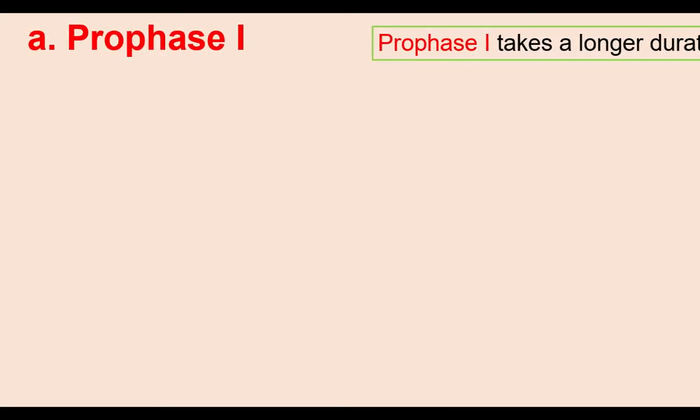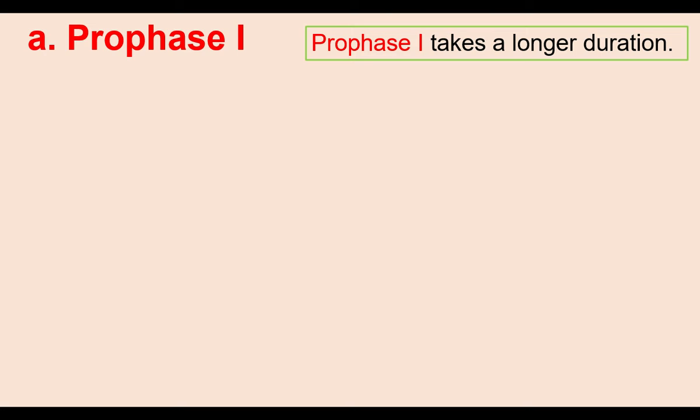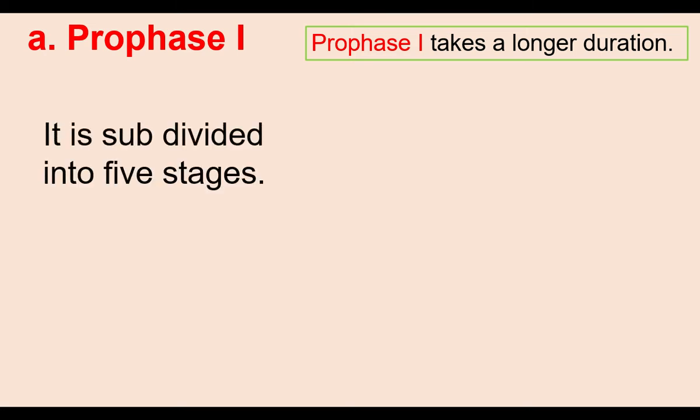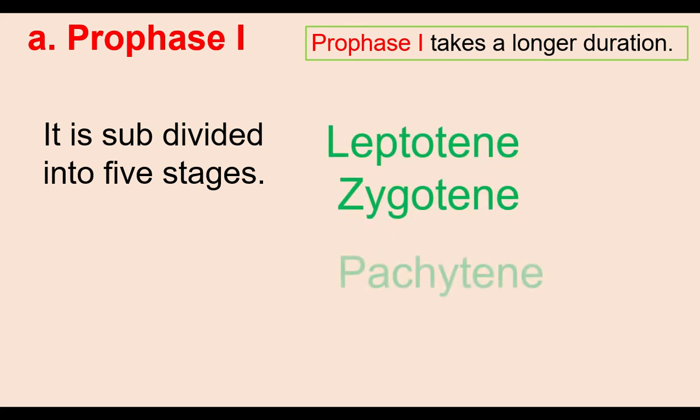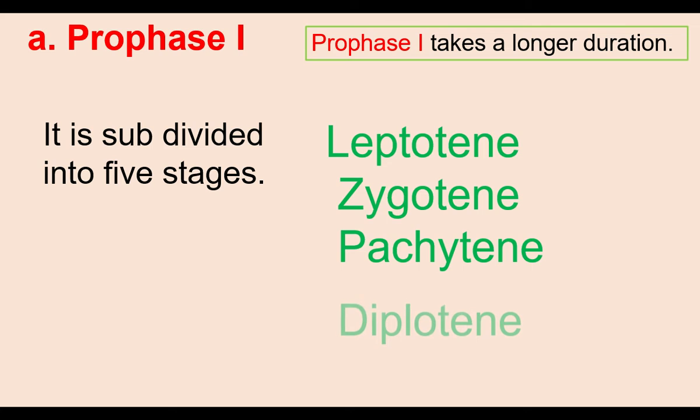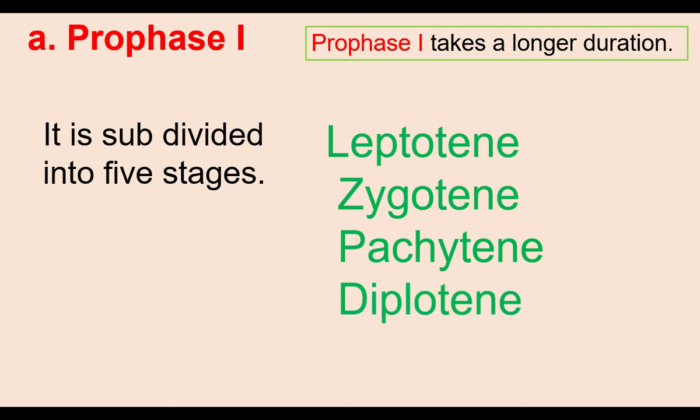Prophase 1 takes a long duration. In meiosis 1, prophase 1 takes a long duration because it is again divided into 5 stages. They are leptotene, zygotene, pachytene, diplotene, and diakinesis.